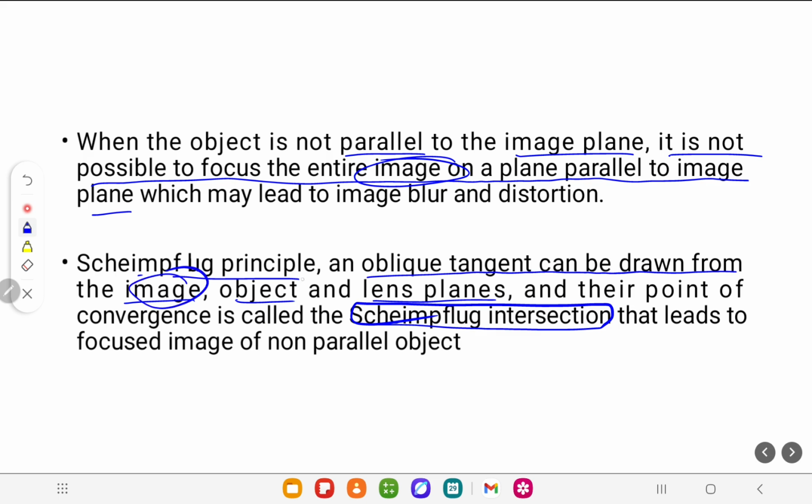If the image plane, object plane, and lens plane are not parallel, then also we can have a focused image. But for that to happen, these three planes, image plane, object plane, and lens plane, must intersect at one point, known as the Scheimpflug intersection, and that leads to focus of the image of a non-parallel object, which is the cornea.